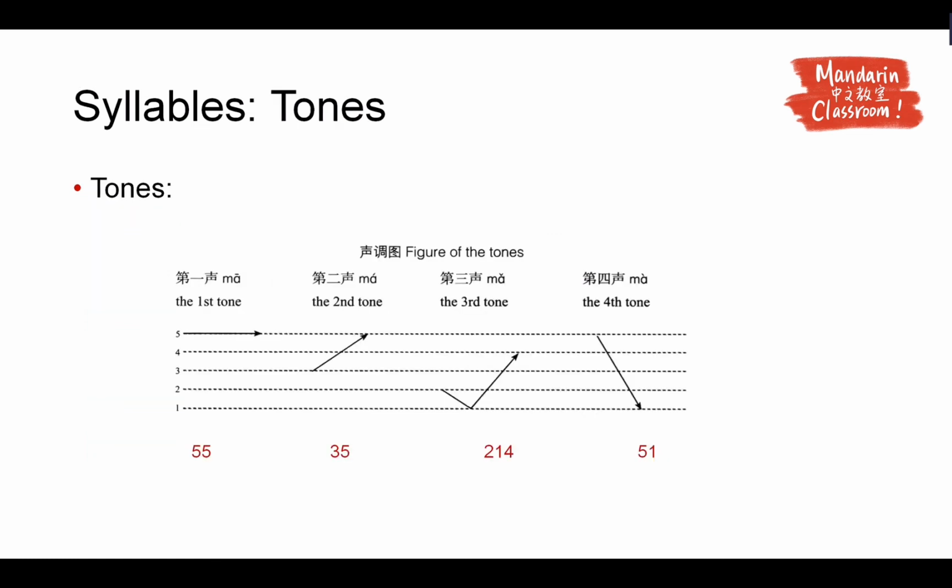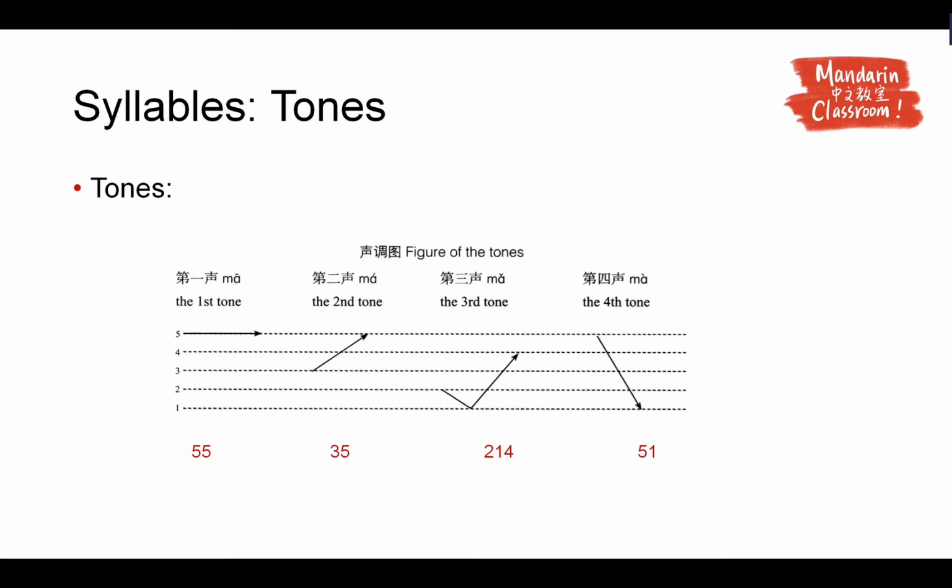Let's move to the tones. Tones actually are very important and new to you guys to learn because sometimes you could see the words with same initials and finals but with different tones and the meaning are totally different. So my suggestion is to practice more. So let's see the tones.